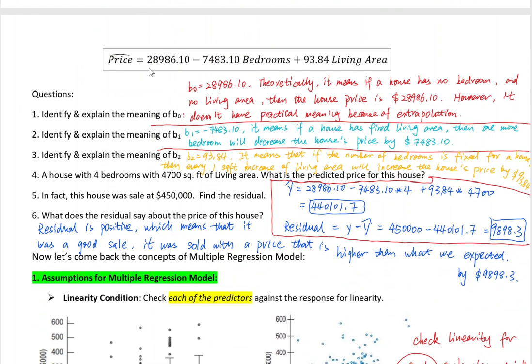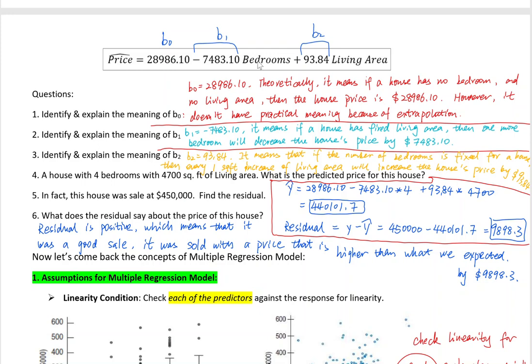So in this detailed case, this is b0, this is our b1, this is our b2. Now let's explain b0. How do you interpret this b0? First, the value of b0 is 28986.10. So what does that mean?